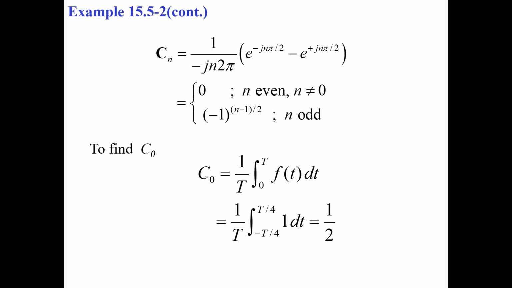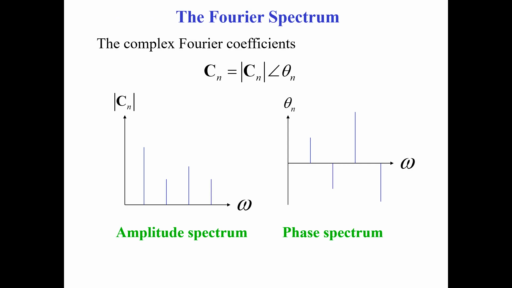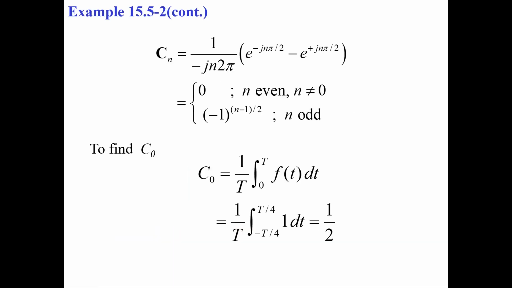It is 0 for the even, and for the odd, if it is 1, then it is simply 1. If it is 3, it has some power, it is minus 1. Look at the magnitude, and you can estimate the strength using that.